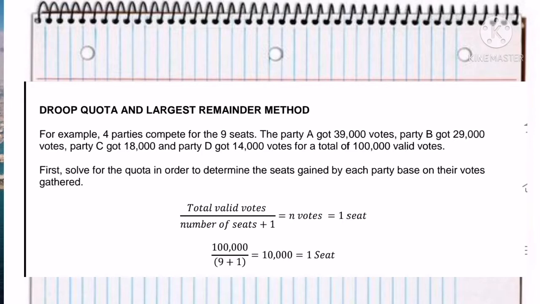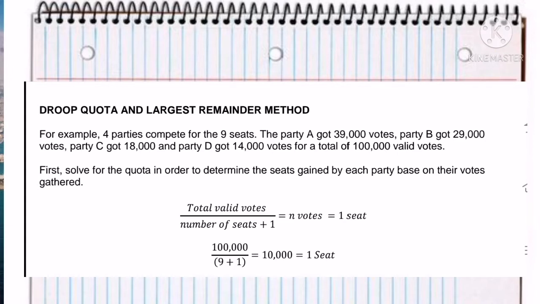First, let us solve the quota in order to determine the seats gained by each party based on their votes gathered. The formula of the Droop quota is total votes over number of seats plus 1, equals n votes, which is equivalent to 1 seat.